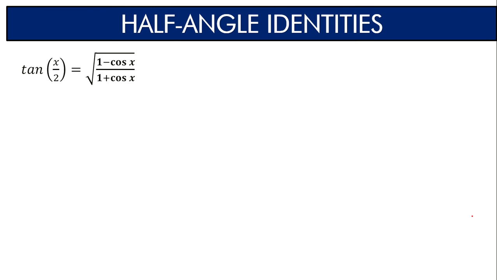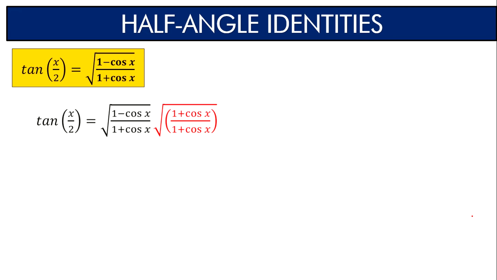Now, we can actually simplify this further. Let's multiply it by the square root of 1 plus cosine x over 1 plus cosine x, to rationalize and remove the radical in our denominator.